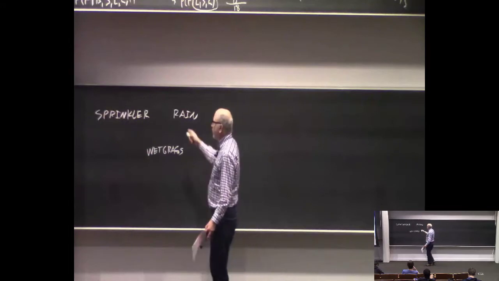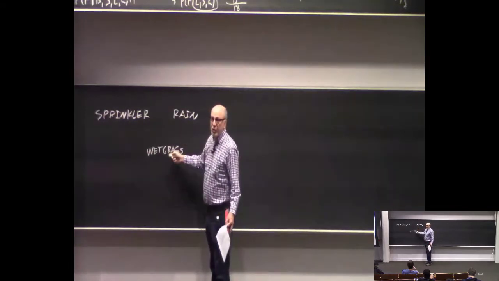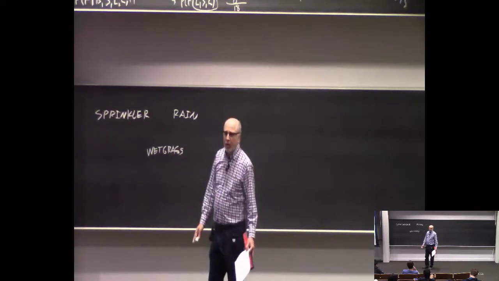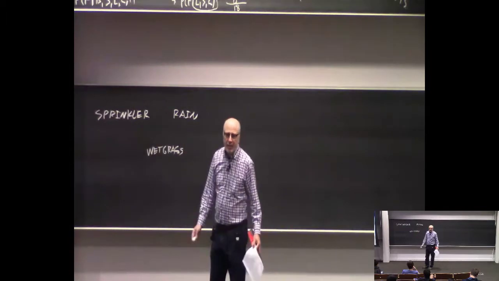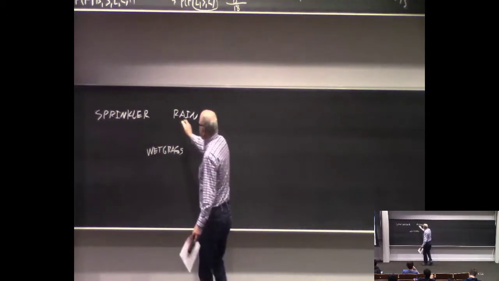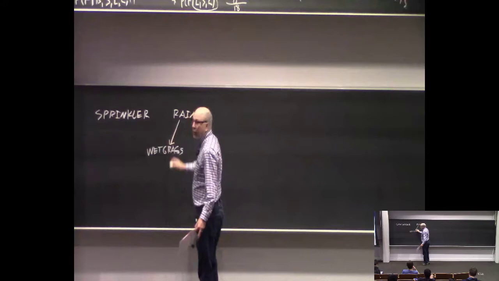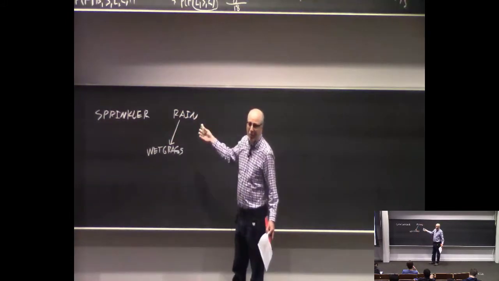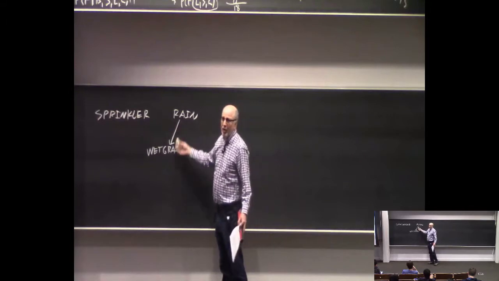Let me start by saying that when it rains, the grass tends to get wet. Tends to. We live in a probabilistic world. It's possible that it's so hot or there was some awning or something that it didn't get wet. But definitely there's a relationship between the 2. And we believe it's a causal relationship. For our purposes, the 2 are not independent.